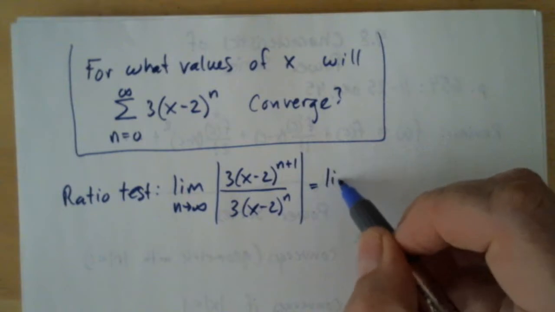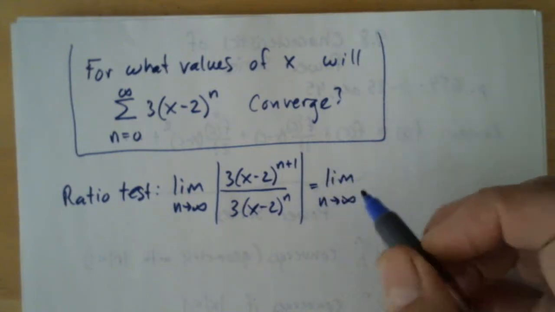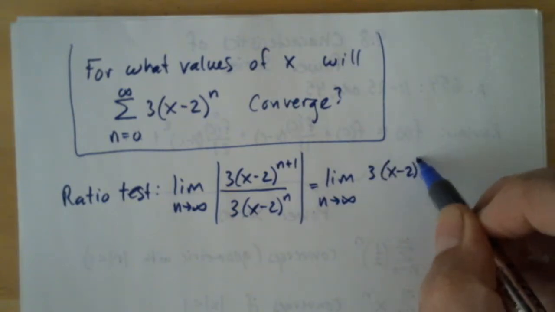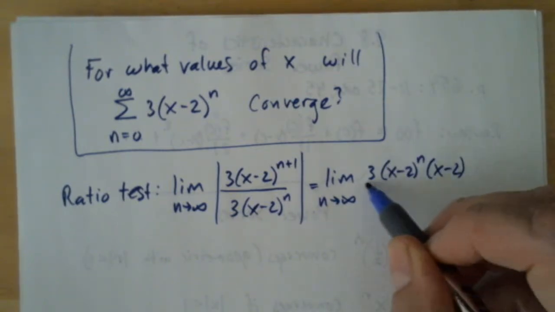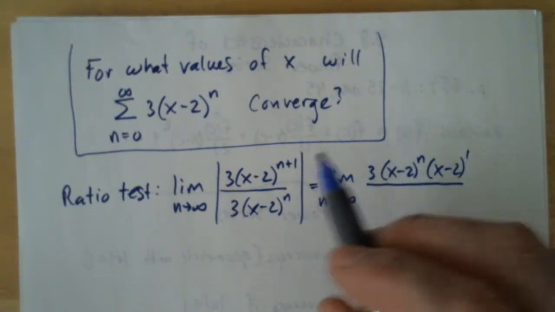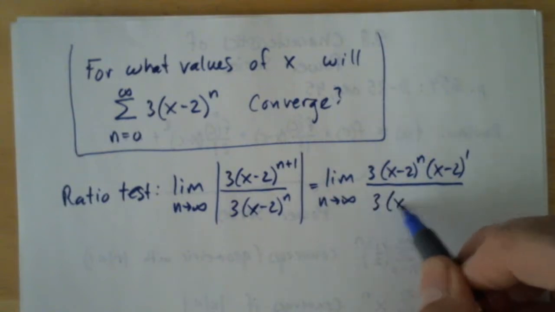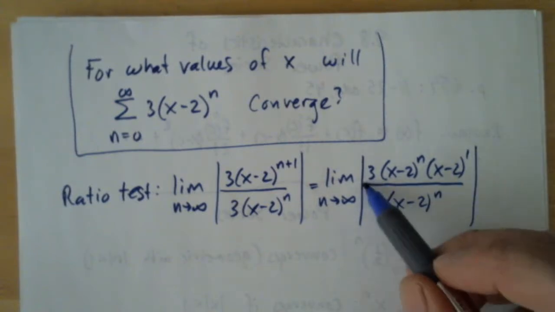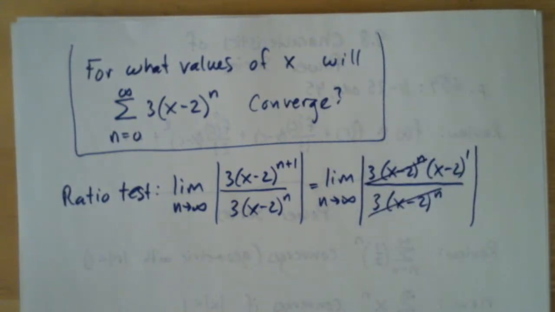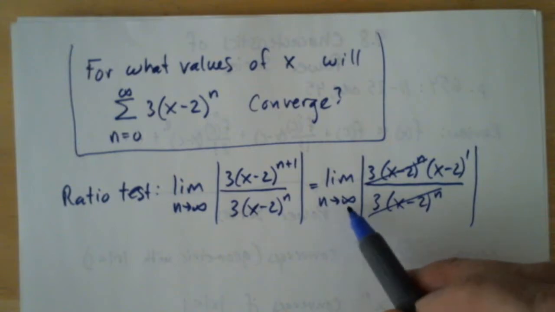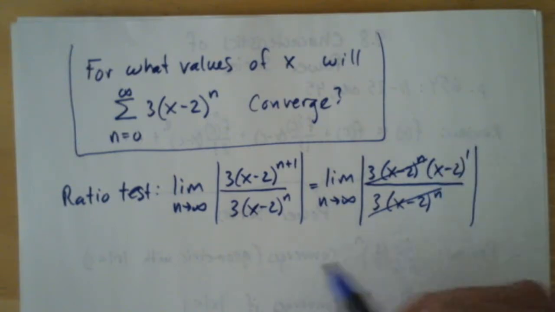So if we rewrite this as (x minus 2) to the n, times x minus 2, because there's a 1 there, so by multiplying this we'd have n plus 1, which would give us that. And then we can do this because they cancel, they equal 1. So the limit, there's no more n. That means it doesn't matter what n does as n goes to infinity, the limit will be this.